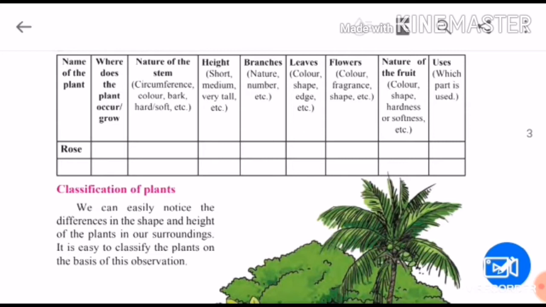Fragrance means smell. The shape of the flower you can also write down. Then the second last is nature of fruit, whether the plant has fruit. What color it has, what the shape is, whether the fruit is soft or hard by touching, and its uses. So this is one activity, you can write it down.